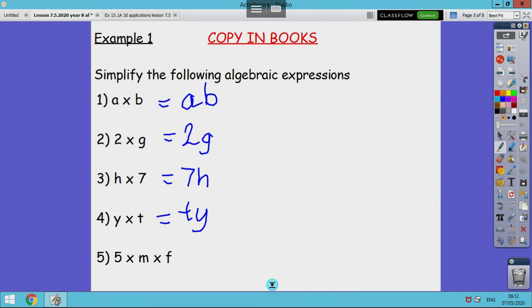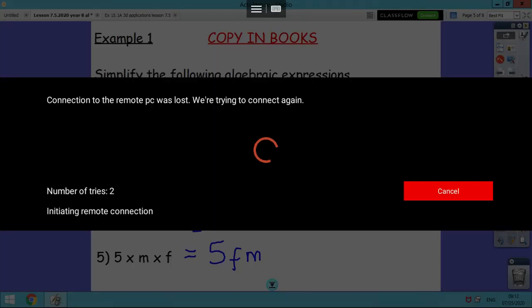And then last one, extra complicated here, but we've got a number, so we know that 5 has to go first. And then we've got to think about what order M and F should go in. Well, F comes before M in the alphabet, so it's just got to be 5FM. So remember, 2 rules. Number comes first, letters in alphabetical order, if there needs to be.